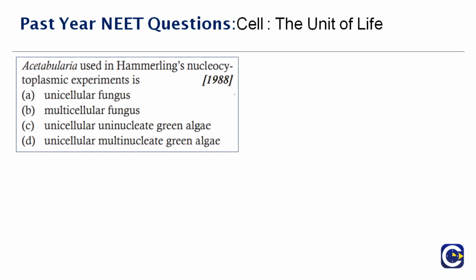So this is the last question for this part 8 and the last question for this chapter also. Acetabularia used by Hammerling in nucleocytoplasmic experiments is dash. So this question was asked in the year 1988. As we all know, Acetabularia belongs to the green algae.